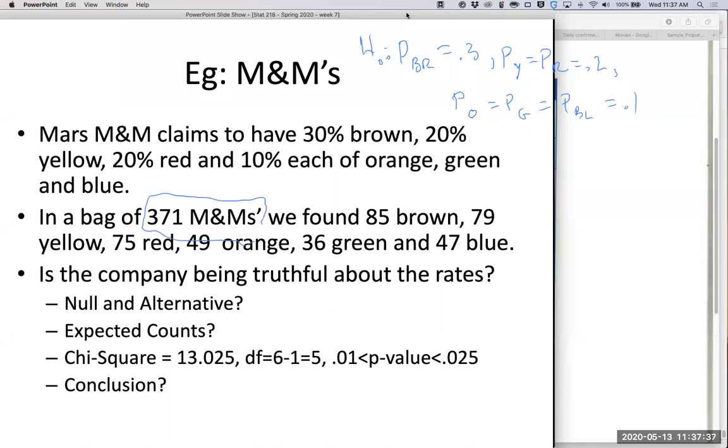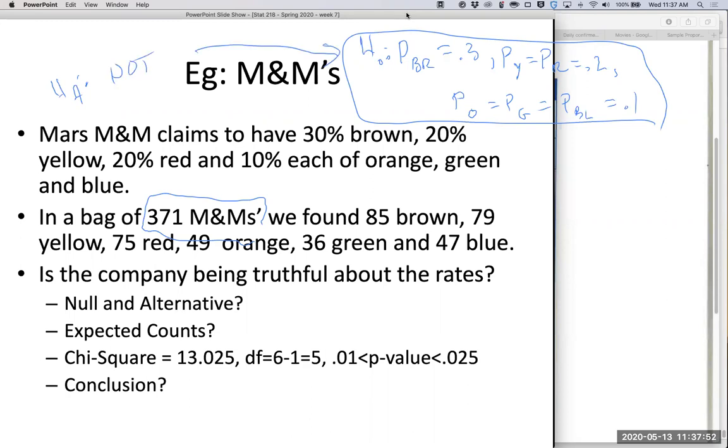There are 371 M&Ms in total. How many would I expect of each of these different colors? So that's the null hypothesis, and the alternative, HA: not that. At least one of those rates is not the same as stated here.